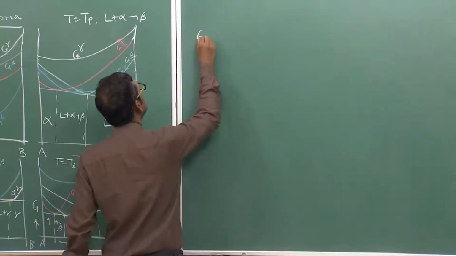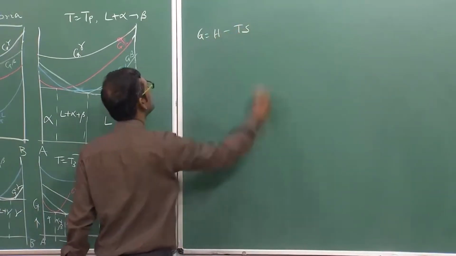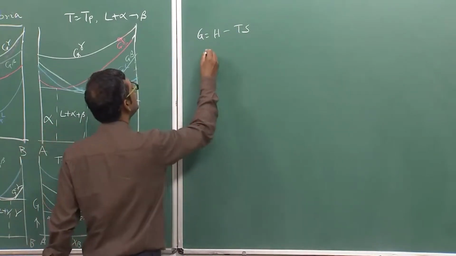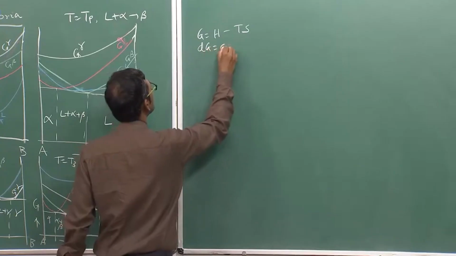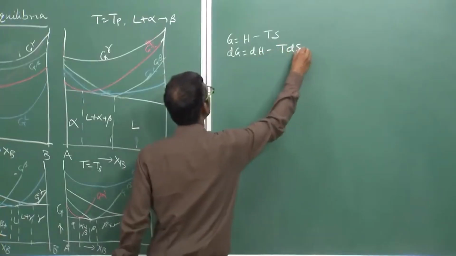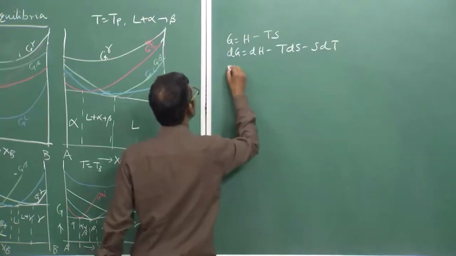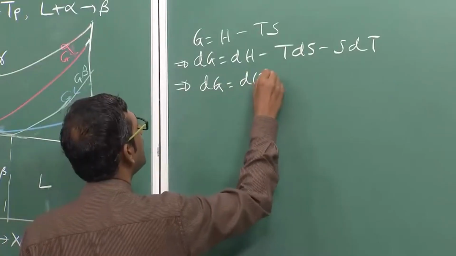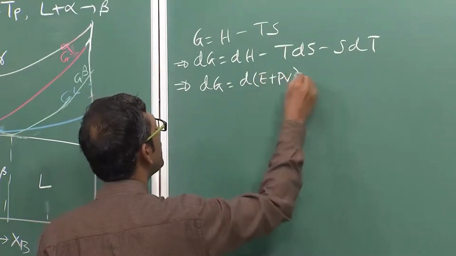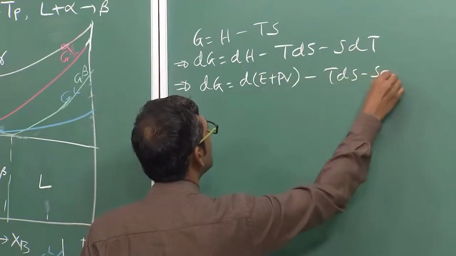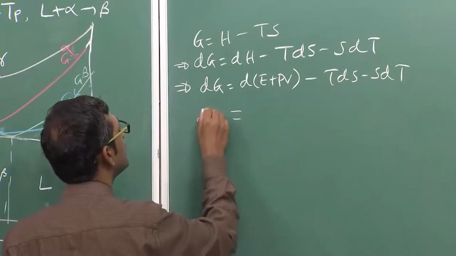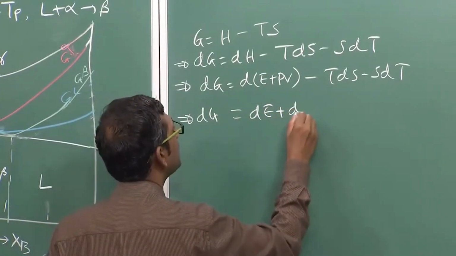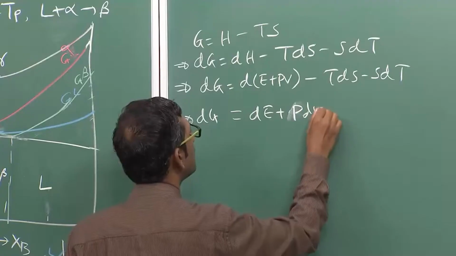First we know that G is basically H minus TS, and we know the Gibbs free energy controls everything. So we can write down the total differential: dG is equal to dH minus TdS minus SdT, right. Now this dG can be further expanded because H is nothing but E plus PV, and this again can be made a total differential.